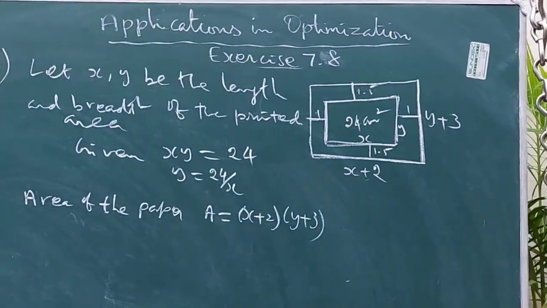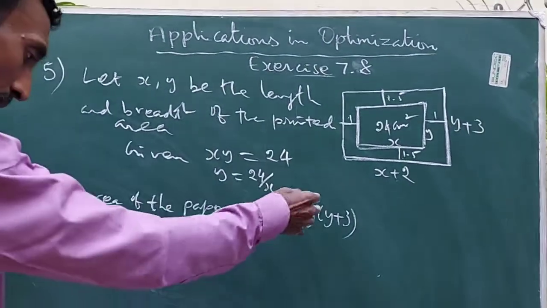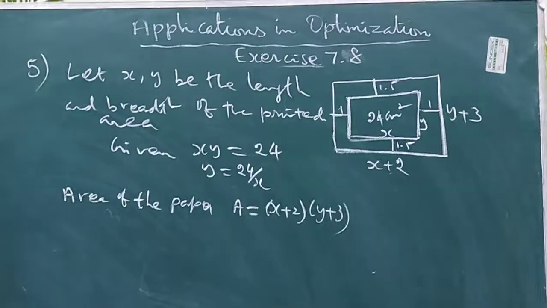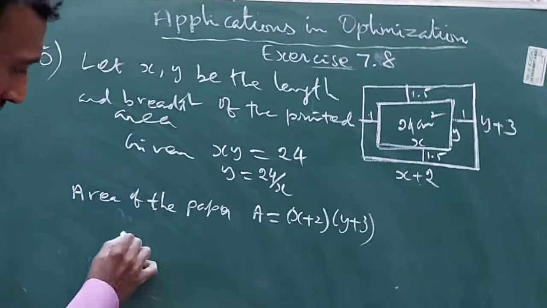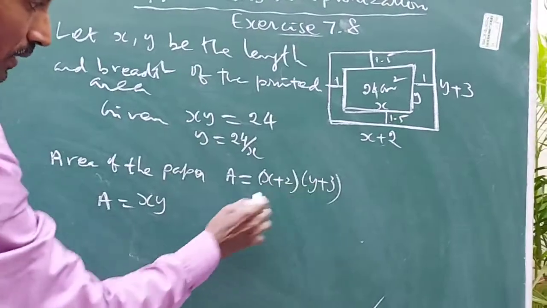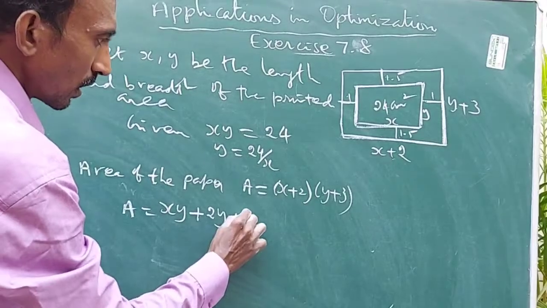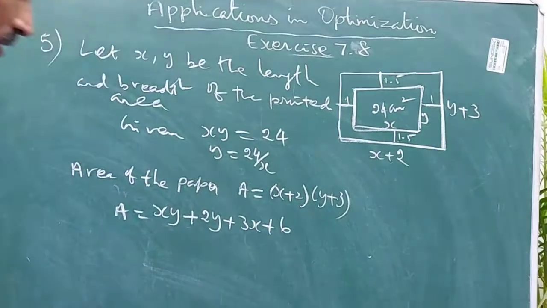Now convert into a single variable function: multiply, and then put the value of y. So A equals xy plus 2y plus 3x plus 6.